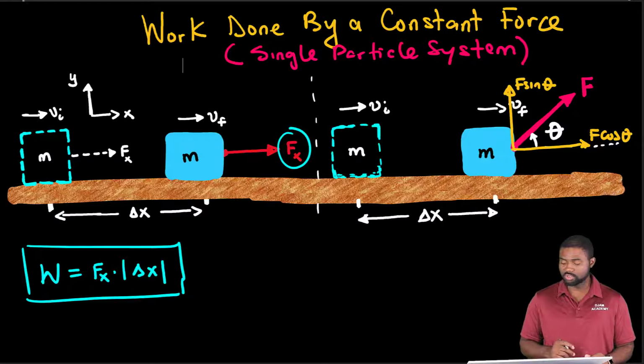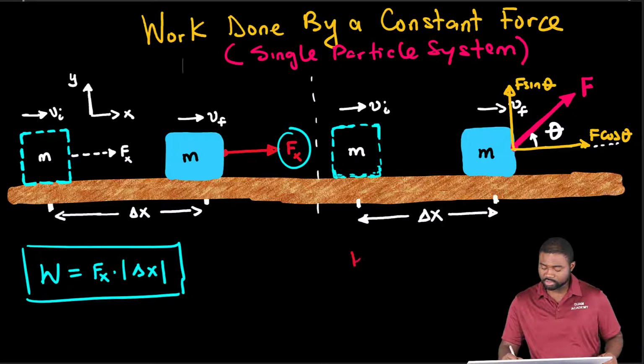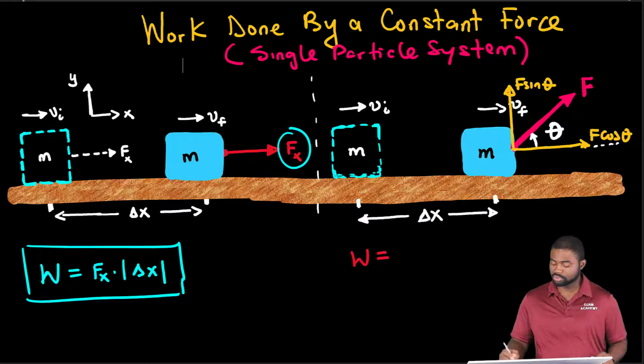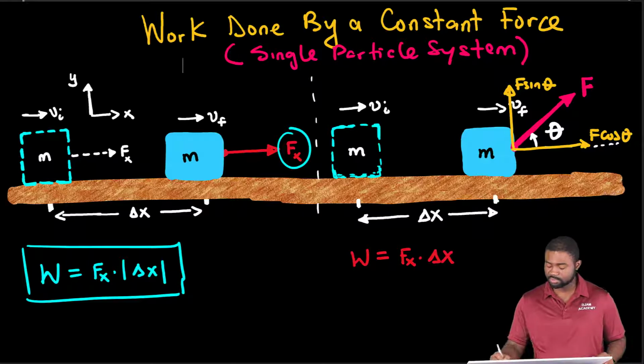But the question is, what if the force is not in the direction of motion of the object? If that is the case, then we can see that the work done is equal to the component of the force in the direction of motion multiplied by the displacement.